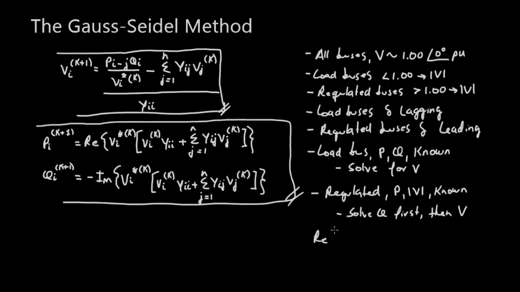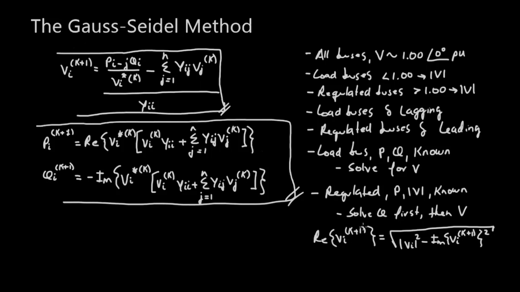So the real part of V_i^(k+1) is going to be equal to the square root of the voltage magnitude V_i squared minus the imaginary part of V_i^(k+1) squared.